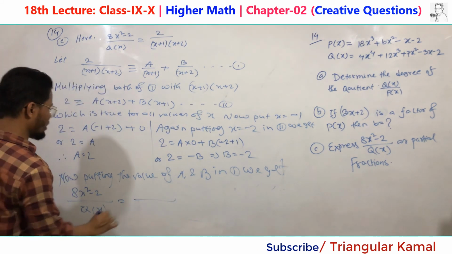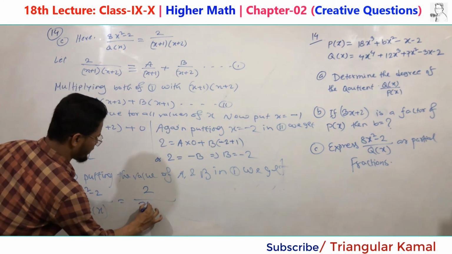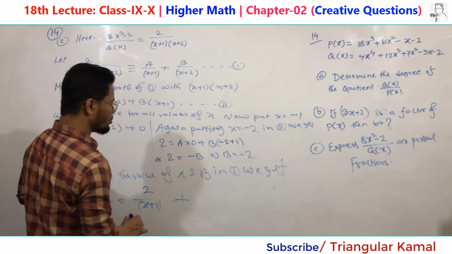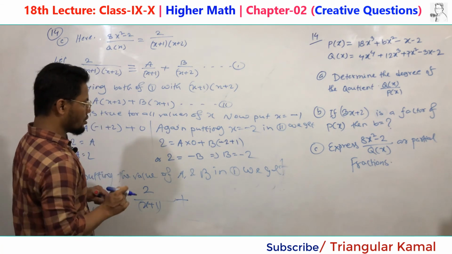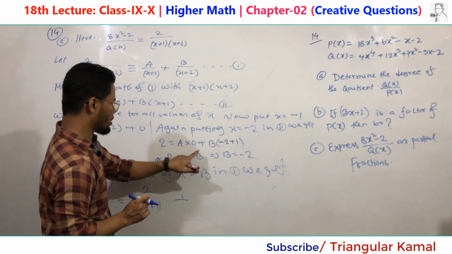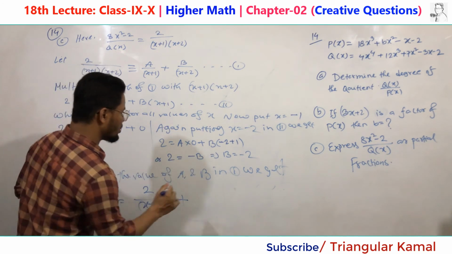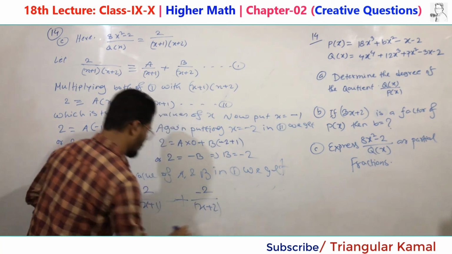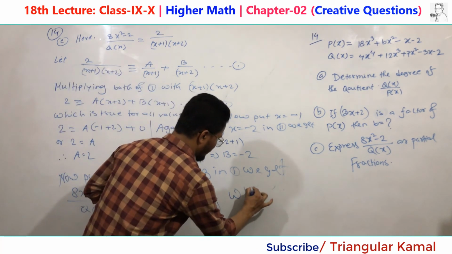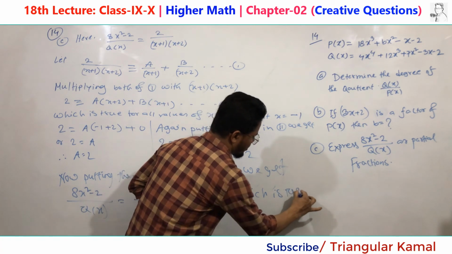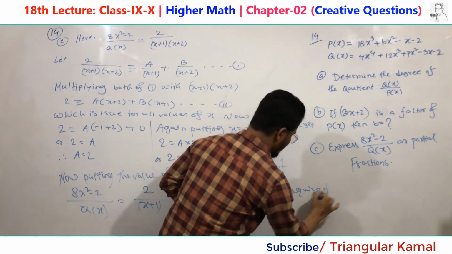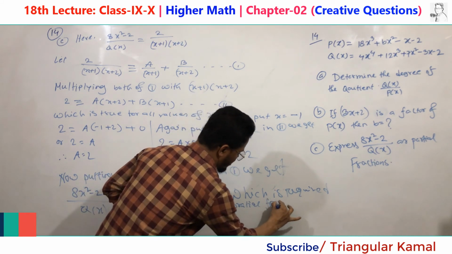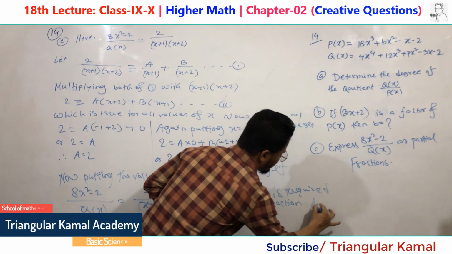What is the value of a? 2. 2 divided by x plus 1 plus b. Sorry, I think I made a mistake here. Oh, sorry, no, okay. There will be minus 2 divided by x plus 2, and this is the required partial fraction. And this is our final answer.